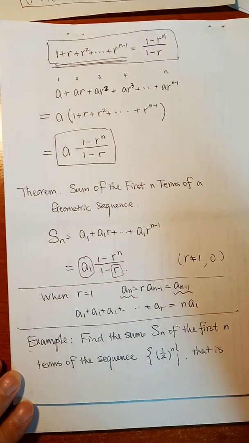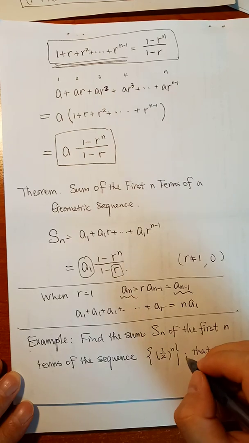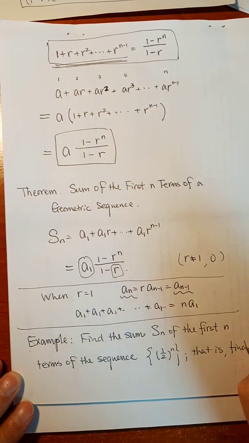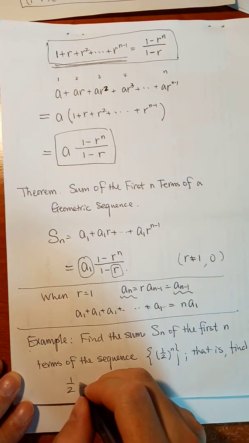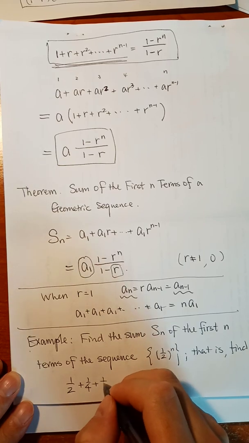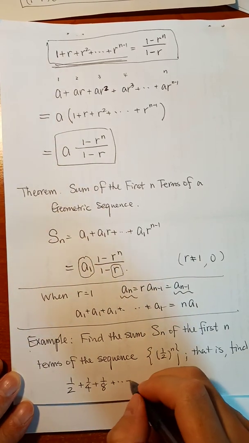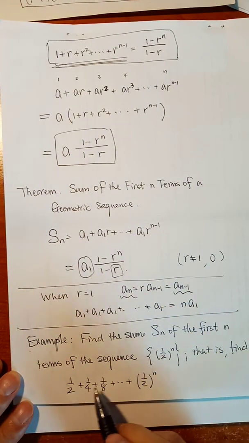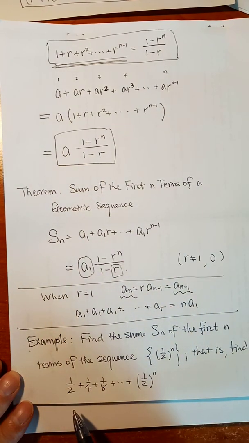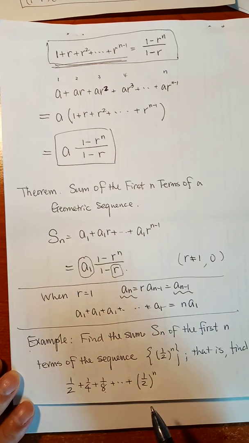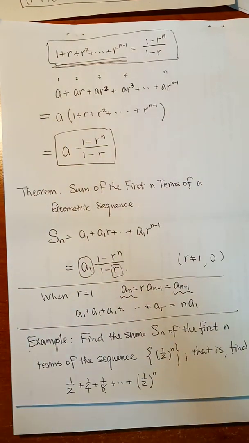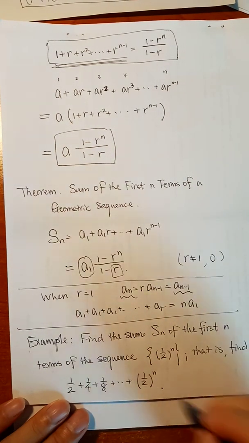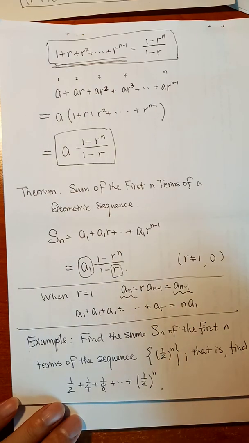That is, find 1/2, 1/4, 1/8. The nth term: when n is 1, you get 1/2. When n is 2, you get 1/2 squared. When n is 3, you get 1/2 cubed. When n is n, you get (1/2)^n. So that's exactly n terms, 1, 2, 3, 4 up to n. Okay, so we're looking for the sum of them.